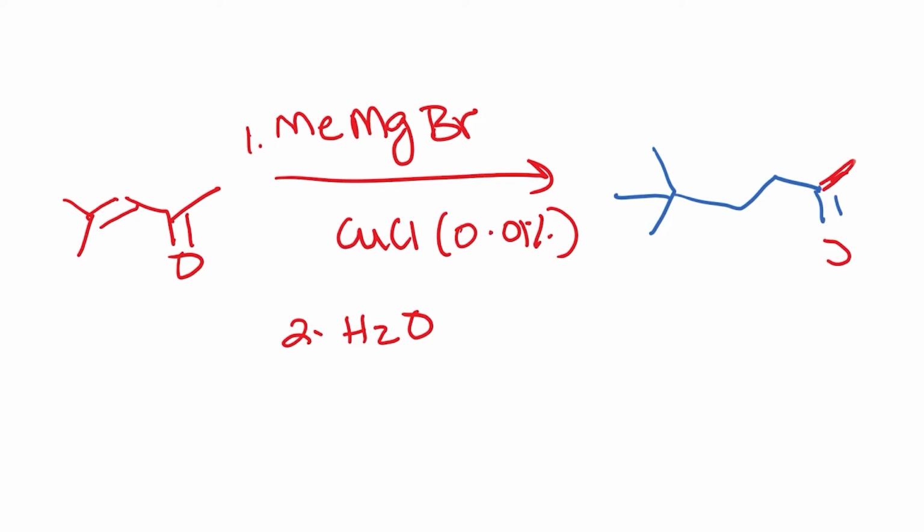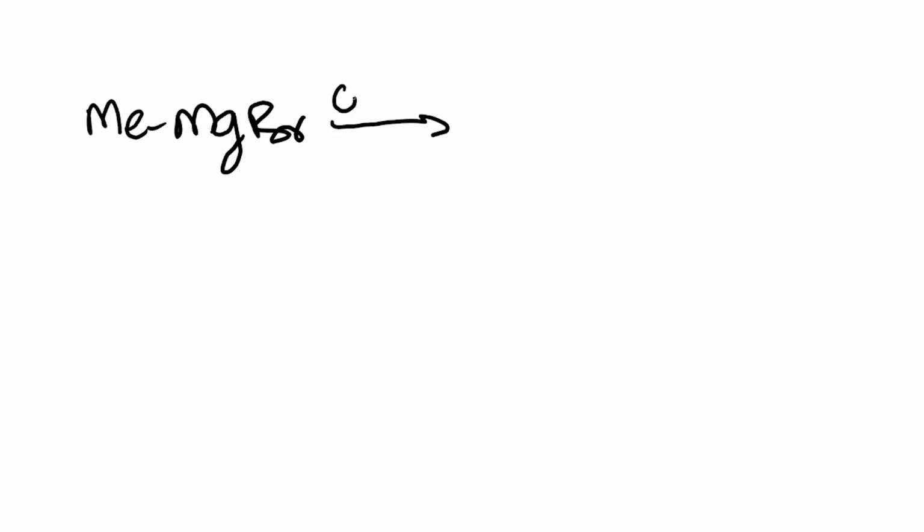Now, in order to understand this, the way we would like to address this problem is to understand the role of copper. So when we carry out the reaction in the presence of copper, methyl magnesium bromide, in the presence of CuCl, okay, copper chloride can actually, in the presence of methyl magnesium bromide, do a reaction known as transmetallation.